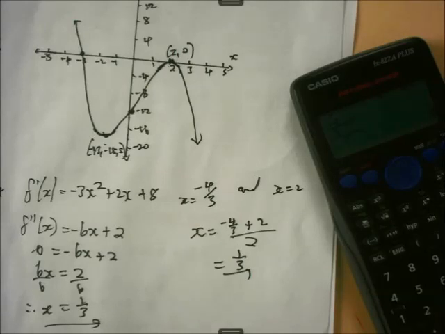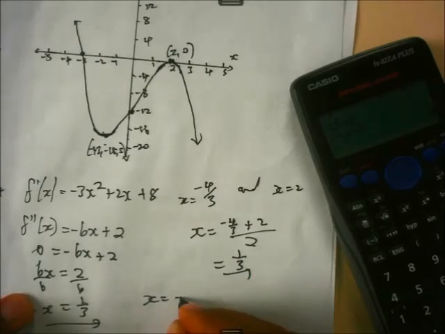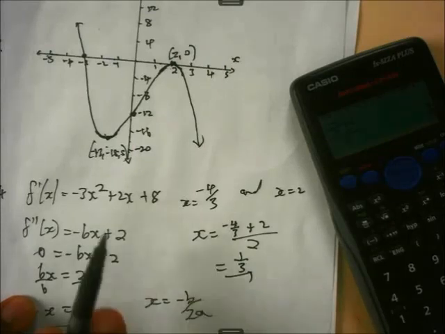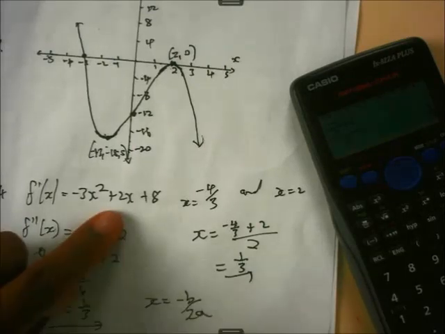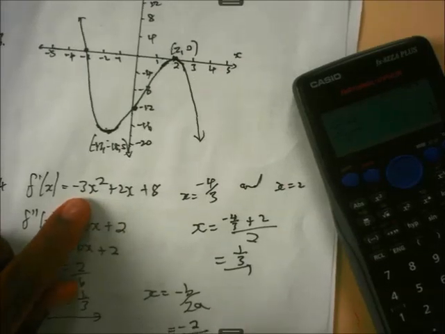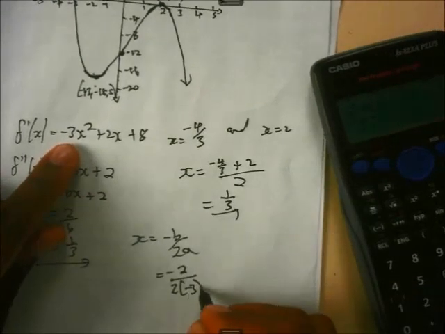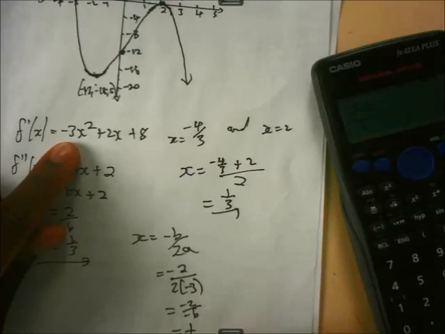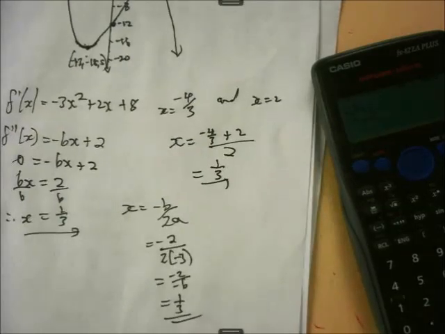Then of course the other one is where you can also use x is equal to minus b over 2a. Your b will be the 2, which means you have minus 2 here, then divided by 2 multiplied by a, which is minus 3. Then of course it's minus 2 divided by minus 6, which is still the same as 1 over 3.